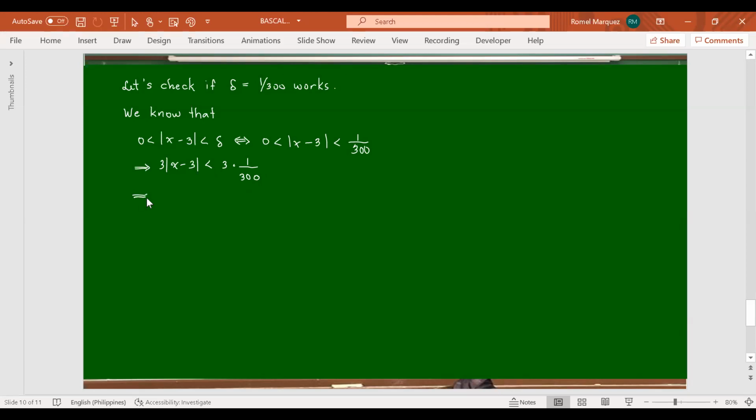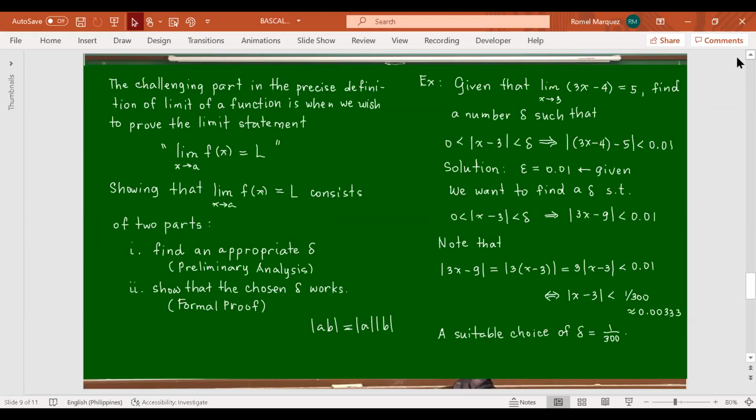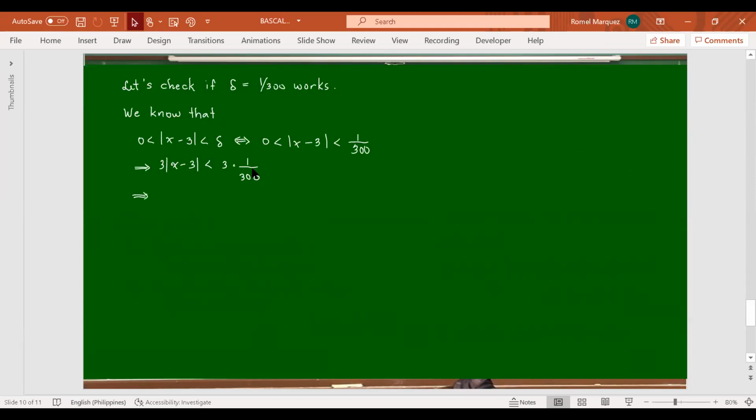So from here, remember, my goal is to derive this. So you have to find a way to come up with, inside the absolute value, 3x minus 4 minus 5, meaning 3x minus 9.